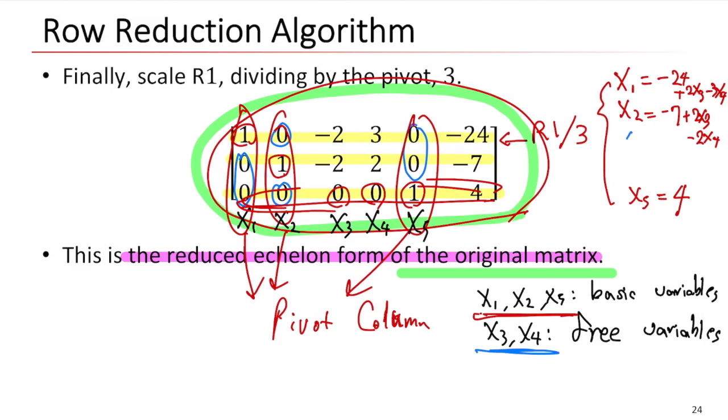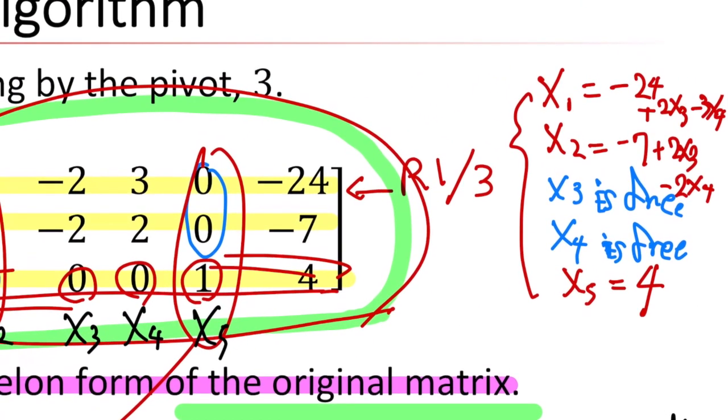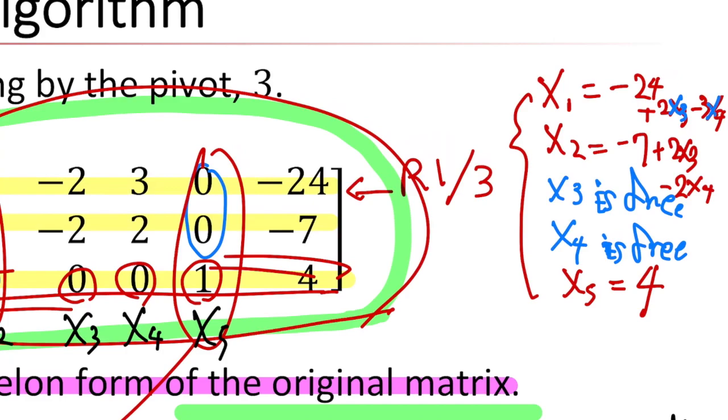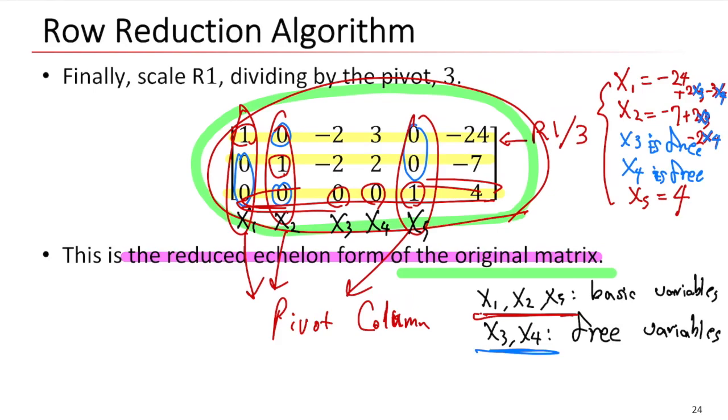Then x3 and x4 are just free. So x1 and x2 can be represented by the variables x3 and x4, something like this. So this is a parametric description of the solution.